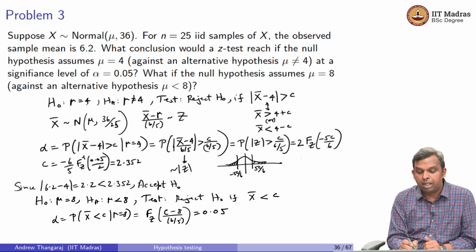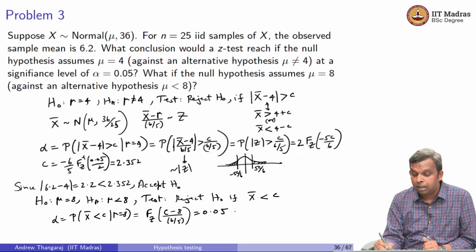For mean 8, x bar minus 8 by 6 by 5 is a standard normal, and if it's less than C, it is just C minus 8 by 6 by 5. So this probability is the same as F evaluated at that, equal to 0.05. So this will mean that C is equal to 8 plus 6 by 5 times F inverse of 0.05. It's not 0.95.